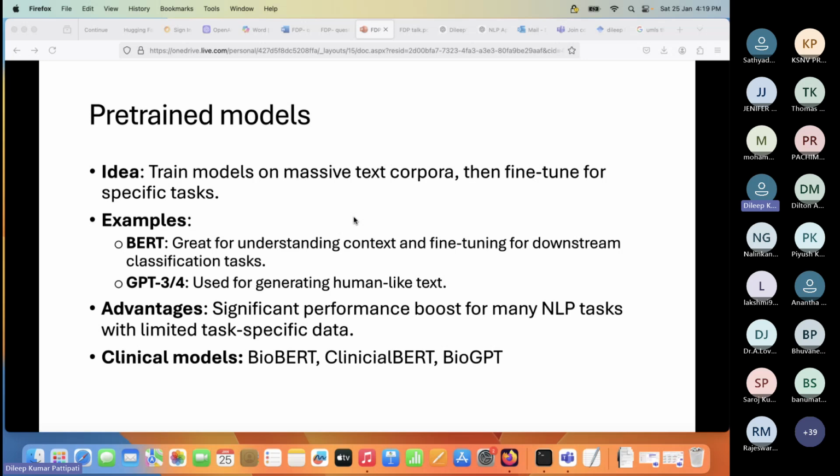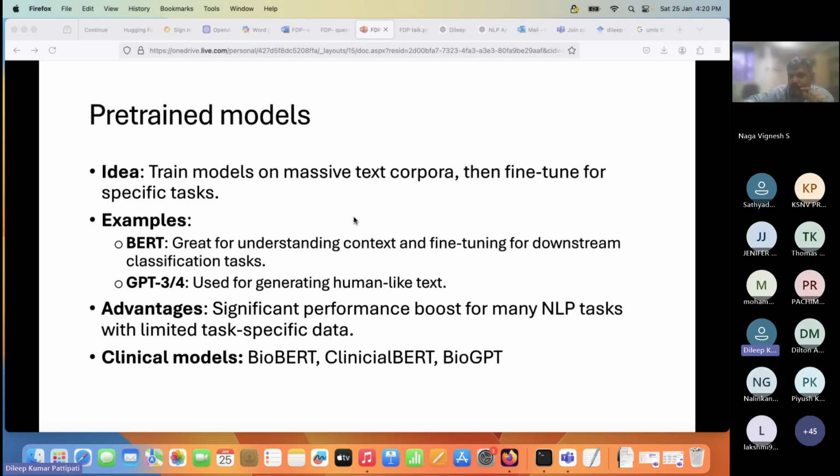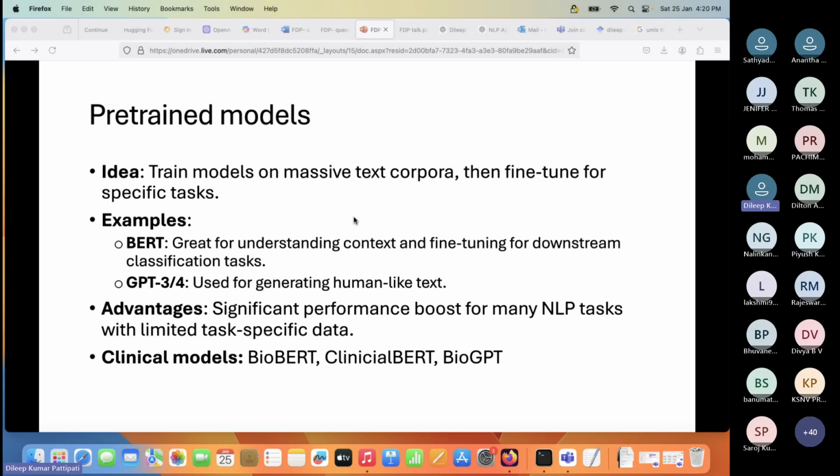But when it comes to a specific domain, say for example the healthcare domain, we have some domain specific models. For example, BioBERT is there, ClinicalBERT is there. What these people have done is they have taken the generally available BERT models, and on top of that they have further trained them using the relevant medical knowledge, and they came up with these clinical models.